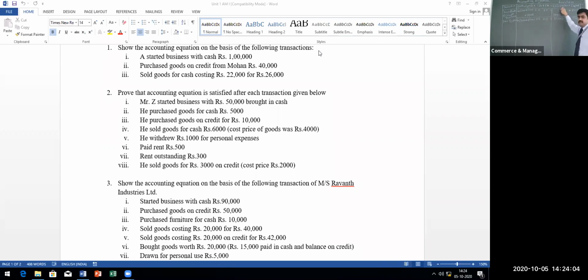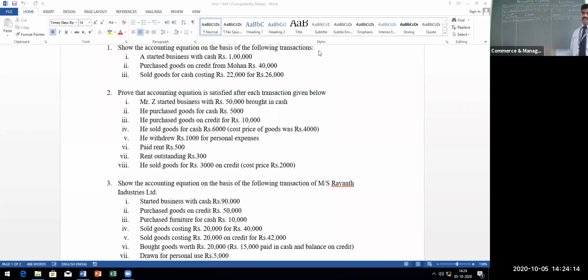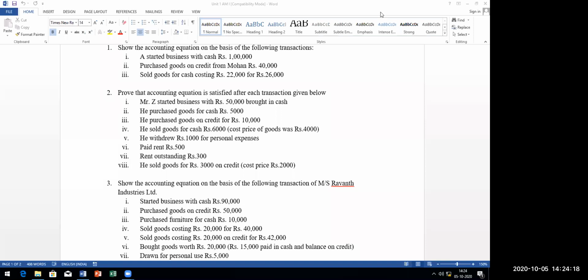Plus whatever the owner is giving will be the capital. Clear? So we club long-term liability and current liability together and write it.